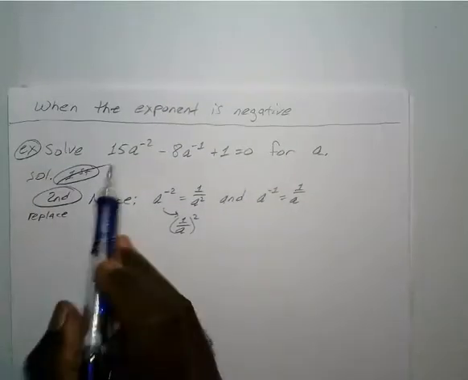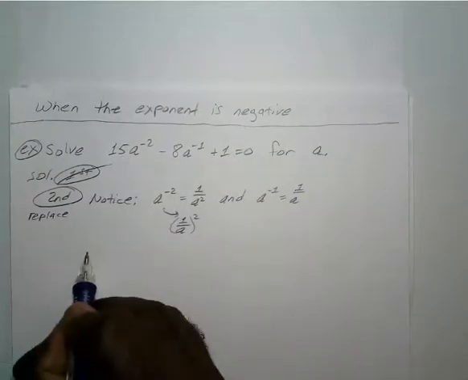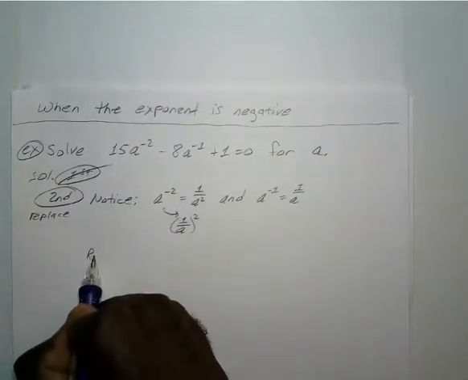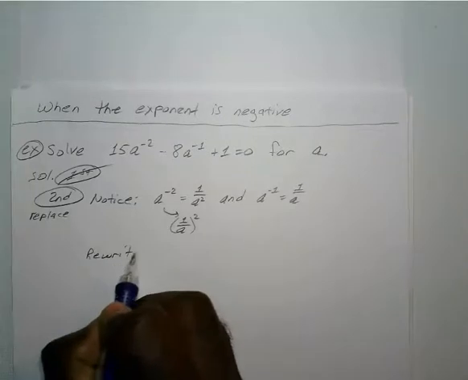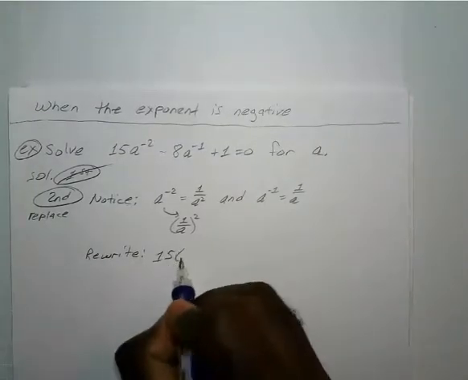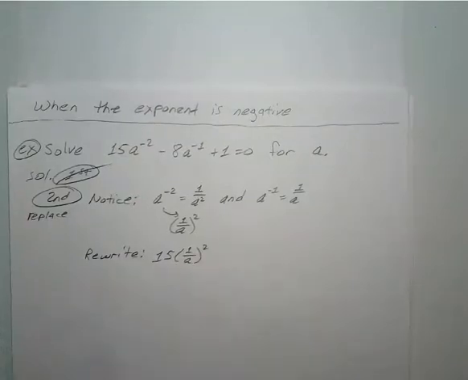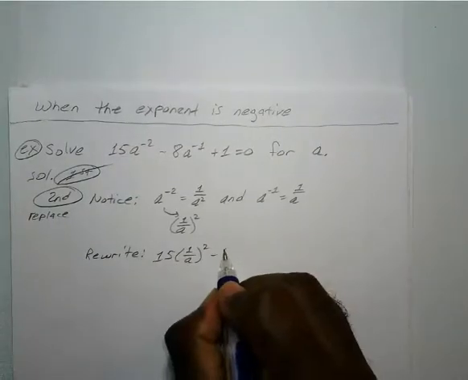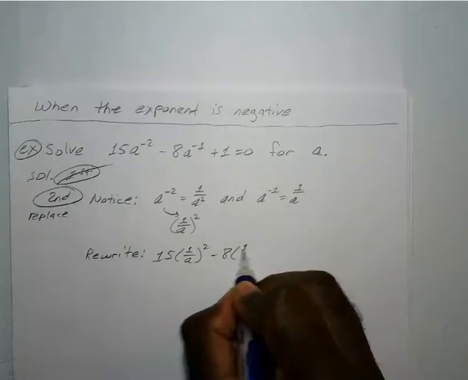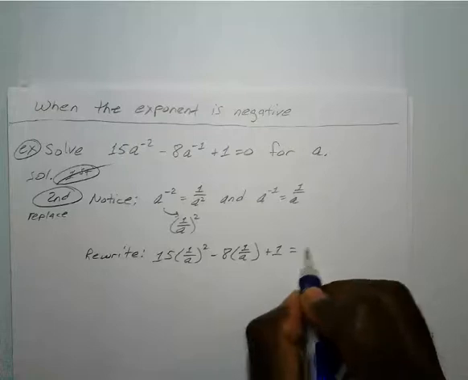So we go ahead and rewrite this entire equation. That gives us 15 times 1 over a squared minus 8 times 1 over a plus 1 equals 0.